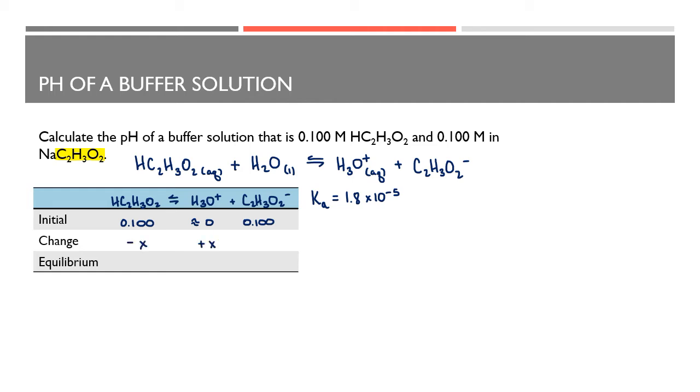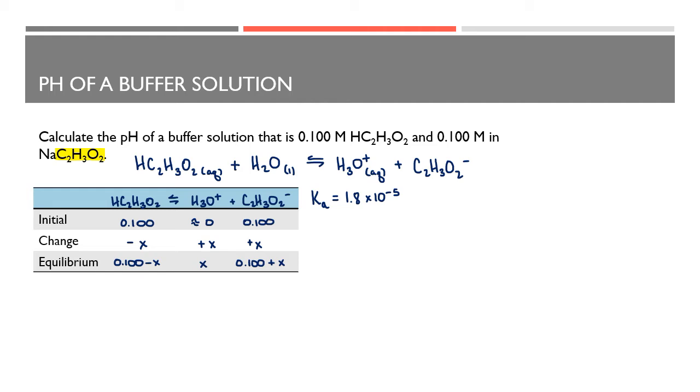And remember, that acetate ion concentration comes from the sodium acetate that's also in that solution with the acid. So the salt and the acid are together in that solution. I sum up my totals to get my equilibrium concentrations, and then I can use those totals in my equilibrium constant expression, which I'm about to write out here.